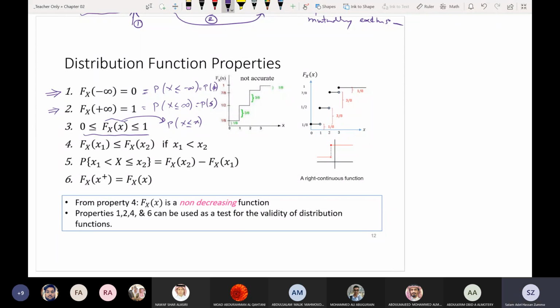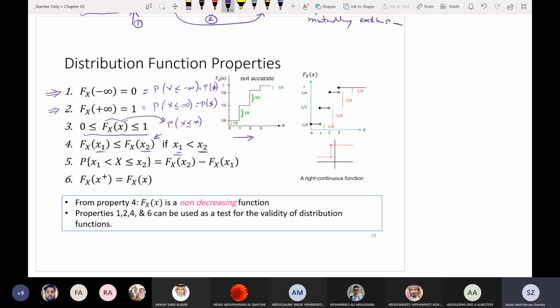The fourth property is if x2 is larger than x1, then always F_X of x2 is larger than or equal to F_X of x1. Why? Because every time I increase x, what I'm doing exactly is including more events.